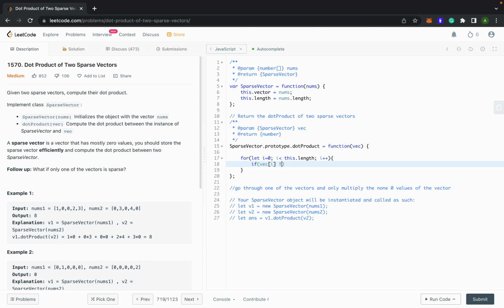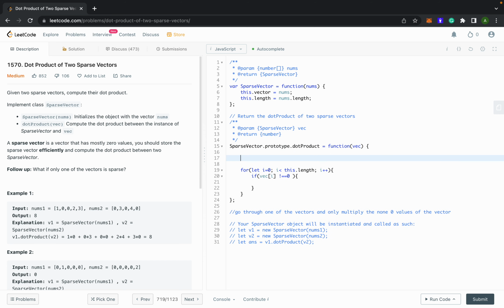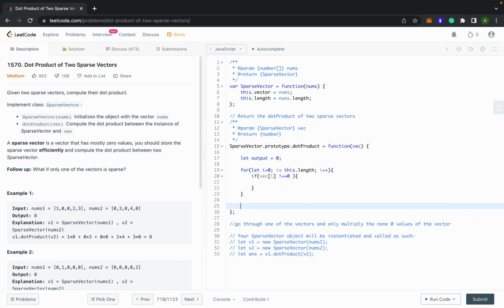i is not equal to 0, then I'm of course going to have an output here that I'm going to initialize to 0, because 0 is going to be my default. If at the end of this 0 does not change, it's fine to assume that, right?